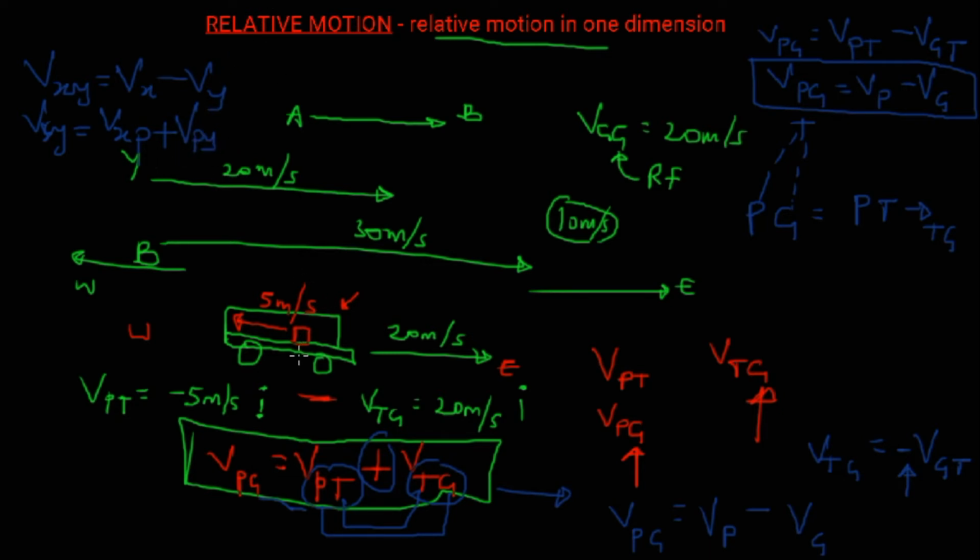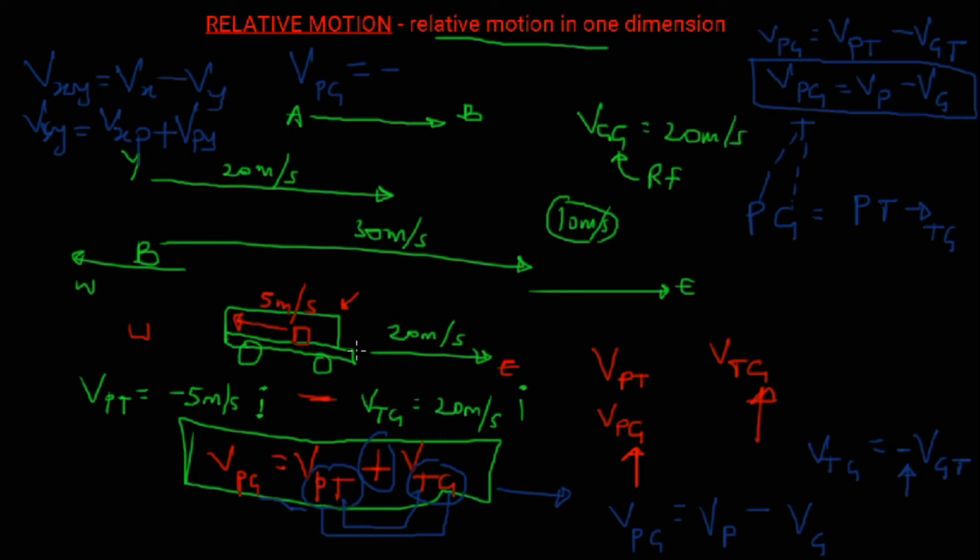Finally, we can say that the relative velocity of the person with respect to the ground is equal to the relative velocity of the person with respect to the train, and don't forget that is minus 5, because with respect to the train, the person is moving backwards. The train is moving towards the east at 20 meter per second, but the person inside the train stands up and moves backwards.